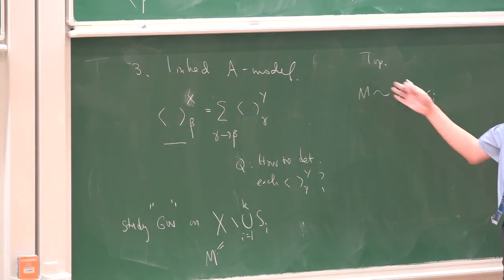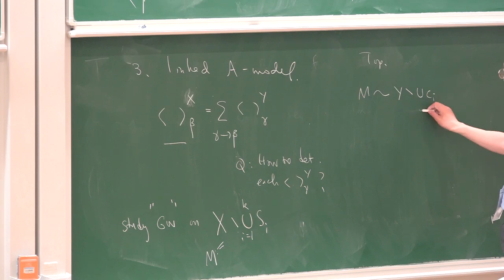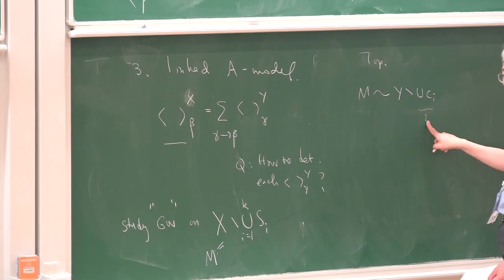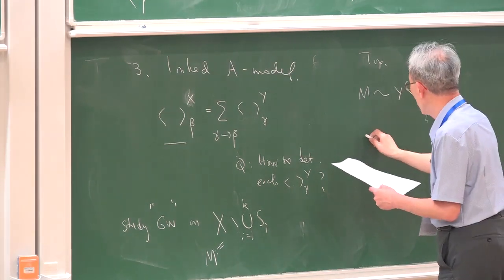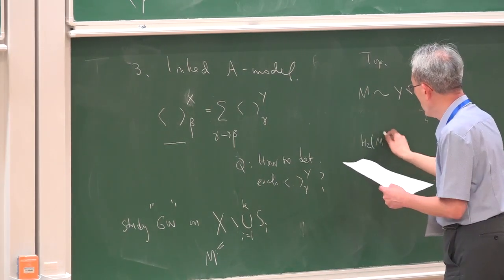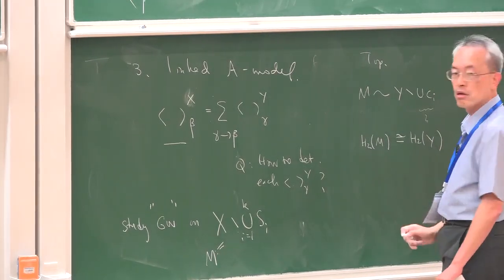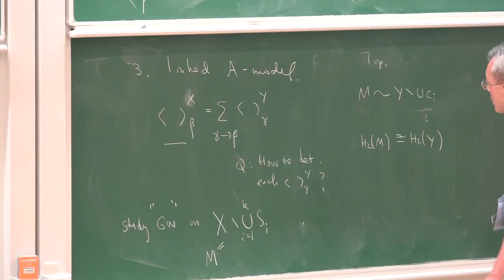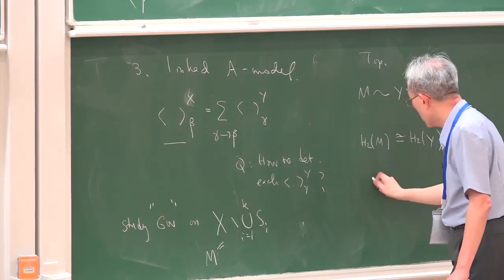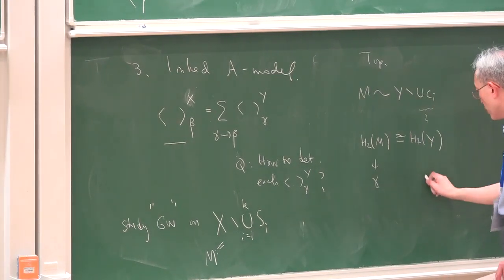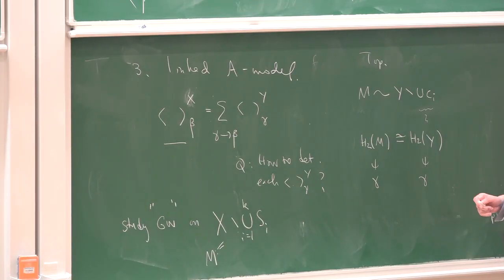It's a surgery picture. But this is 2-dimensional, and this is real 2-dimensional. So that means if you consider the second homology, that will be exactly the same as the second homology for Y. So that means when you consider a class here, it's the same as considering a curve class here.